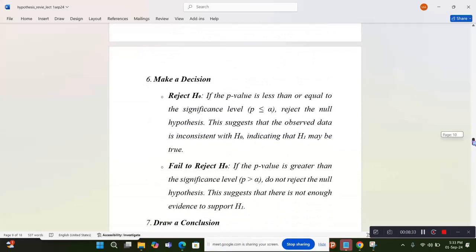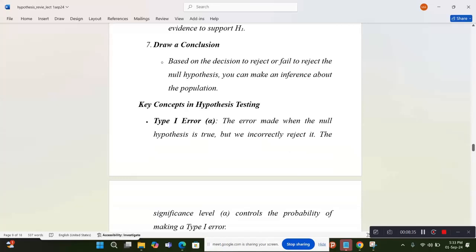Then you draw the conclusion. Based on the decision to reject or fail to reject the null hypothesis, you can make an inference, like saying there is no sufficient evidence to support the claim.